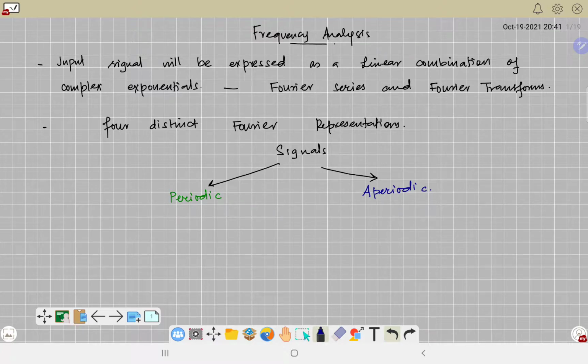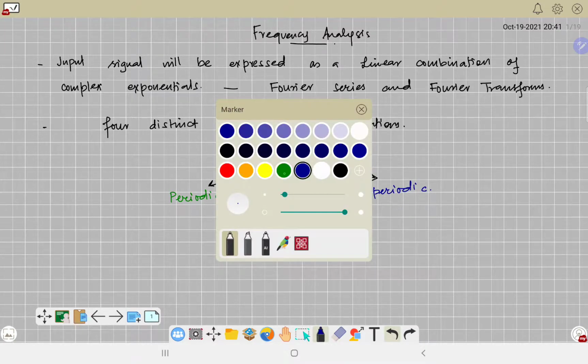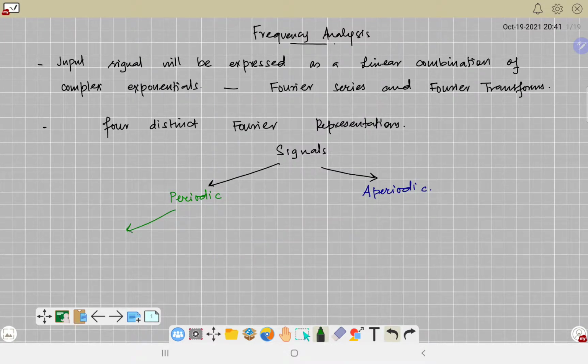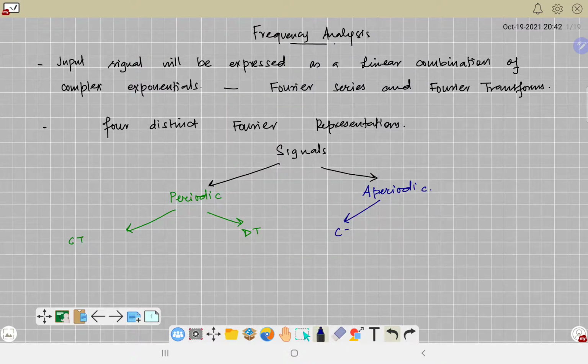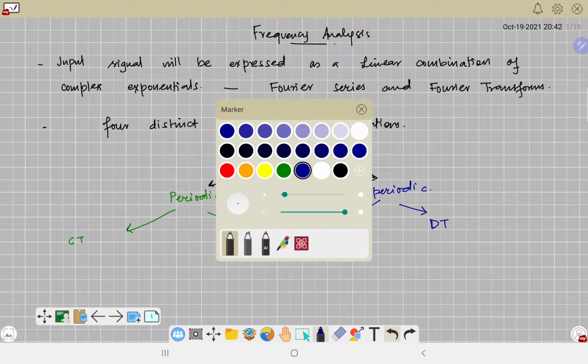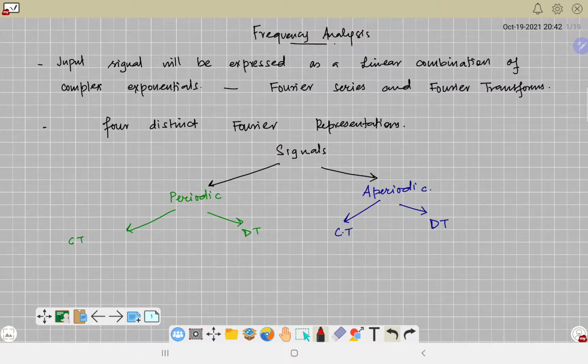Then a periodic signal may be continuous in time or discrete in time. Same classification for aperiodic: it may be continuous in time or discrete in time. What kind of Fourier analysis you will be using depends on these two properties, periodicity and continuity or discreteness in time.